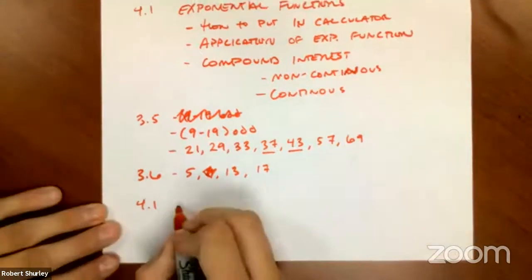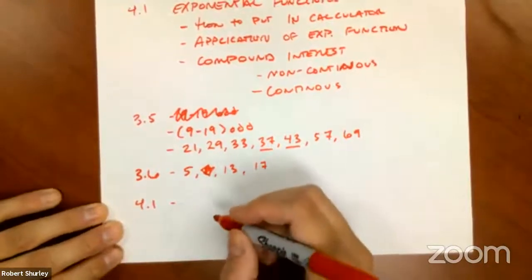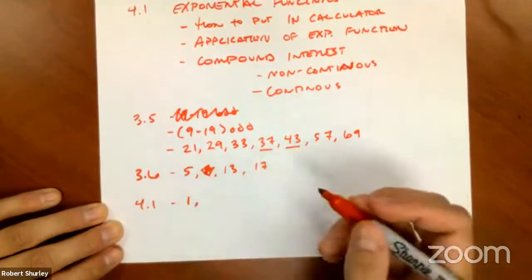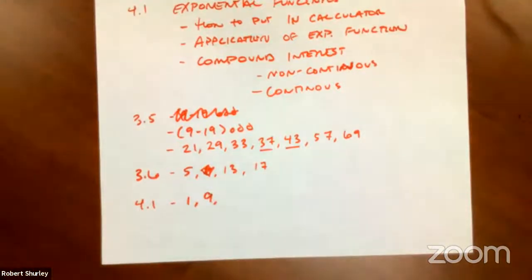And then 4.1. Like this is the easy steps at the very beginning. You'll see what I'm talking about. Like number 1 or number 9. And then the application. They don't get to the application until later.